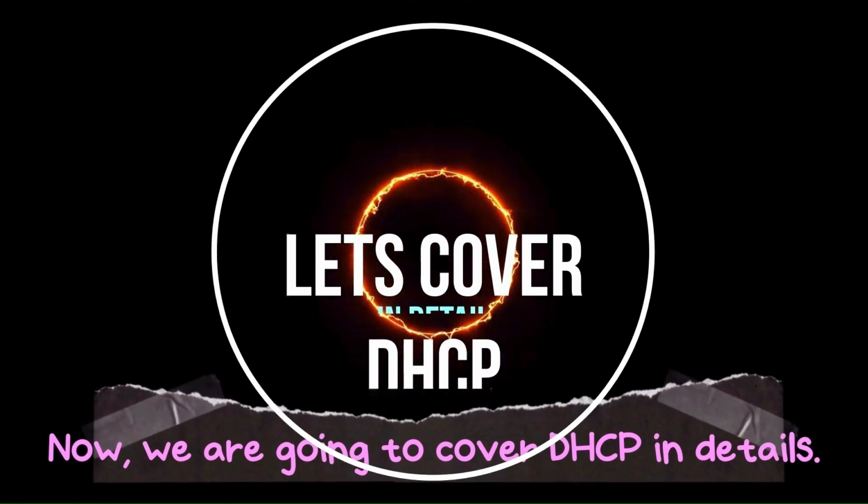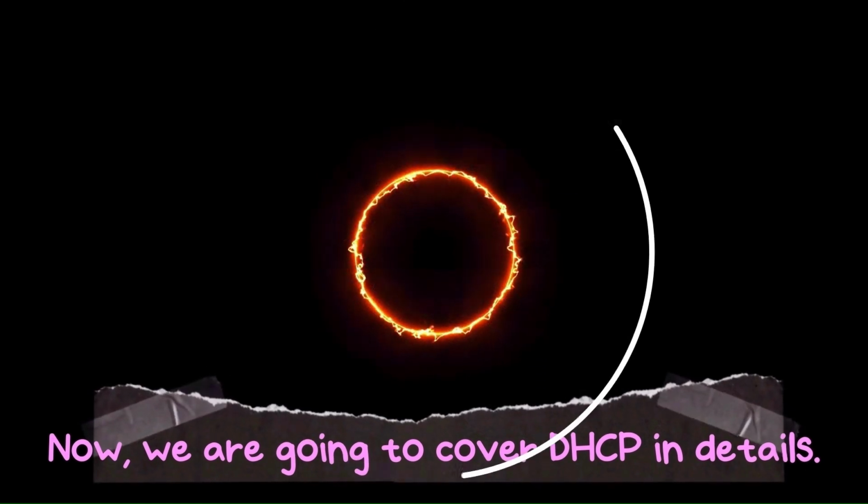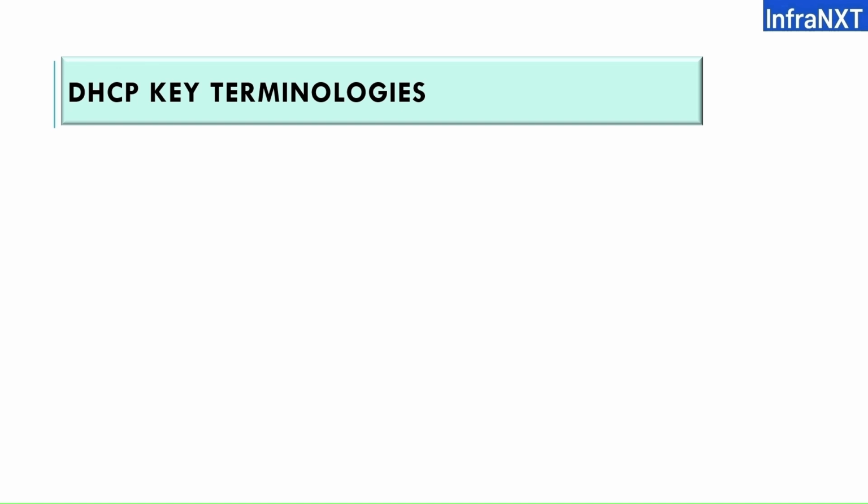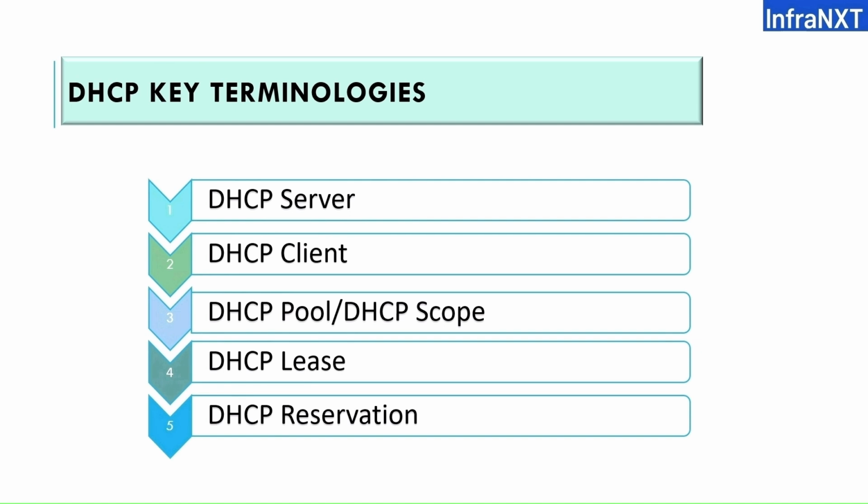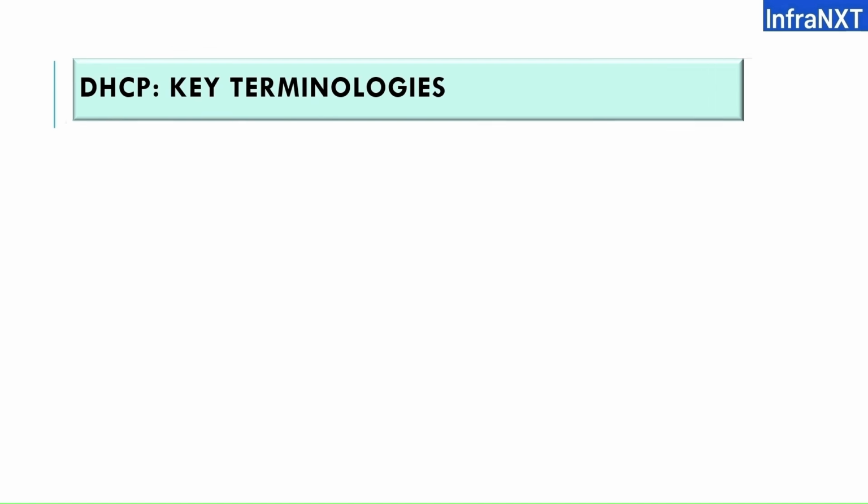Now we are going to cover DHCP in detail. Let's start DHCP and understand some of its key terminologies. They are DHCP server, DHCP client, DHCP pool, which is also known as DHCP scope, DHCP lease, and DHCP reservations. Let's understand each component in greater detail.